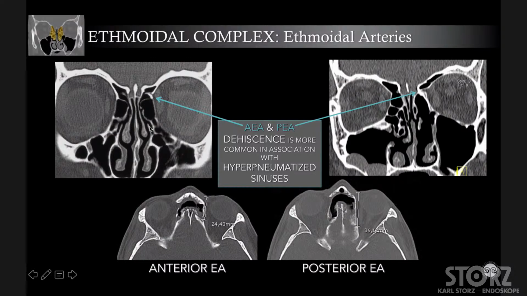Another important thing to remember is that sometimes you can also have dehiscence of the arteries, and it's much more probable that you have dehiscence of the anterior and posterior ethmoidal artery if you have highly pneumatized frontal sinuses, because the more pneumatized the supraorbital recess and the frontal sinus, the more probable such dehiscence.